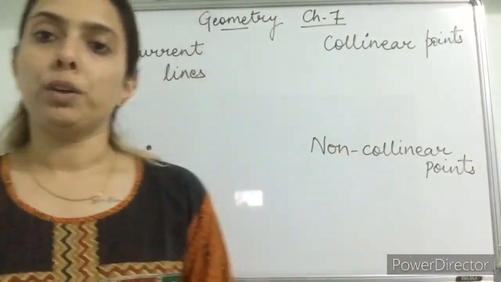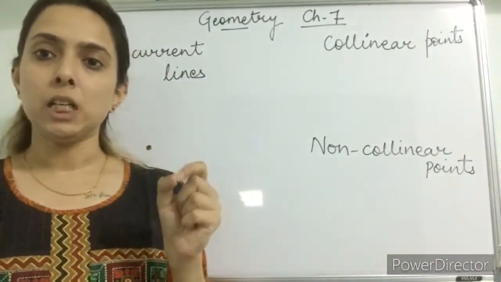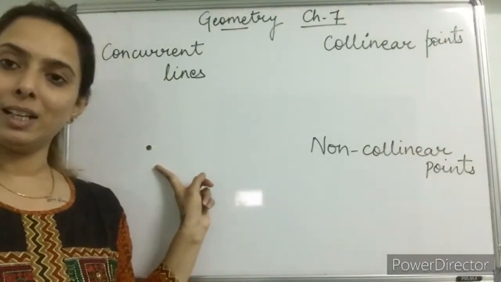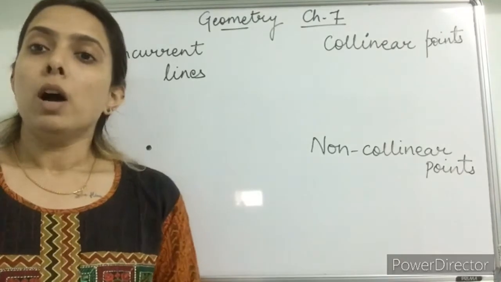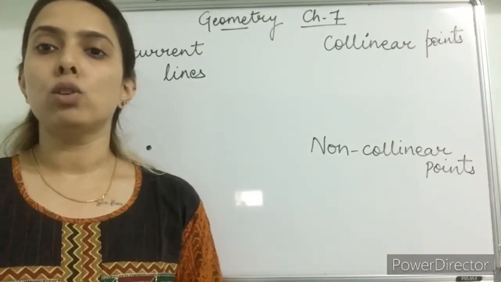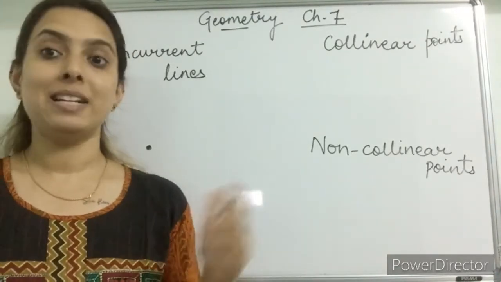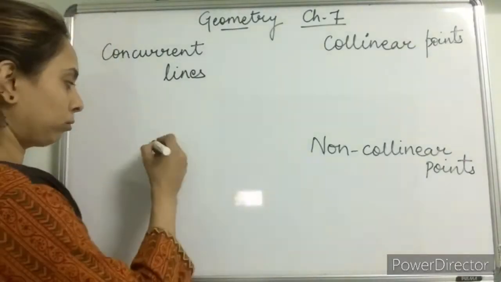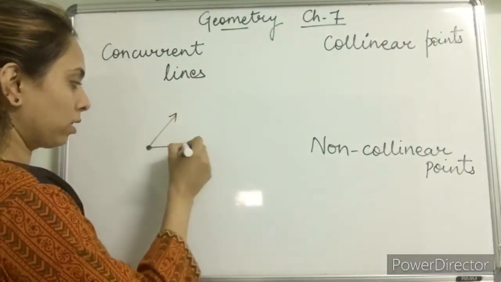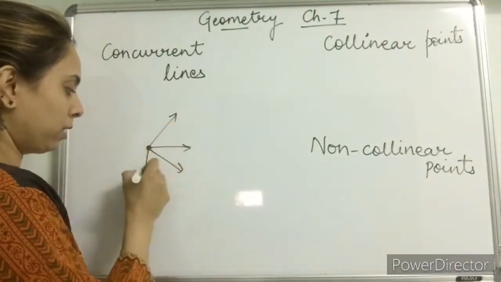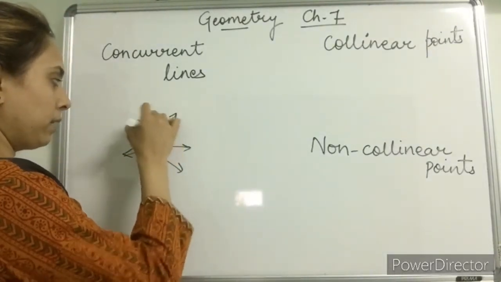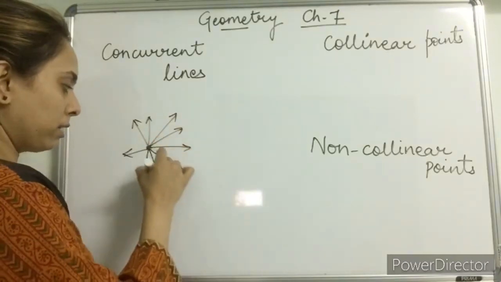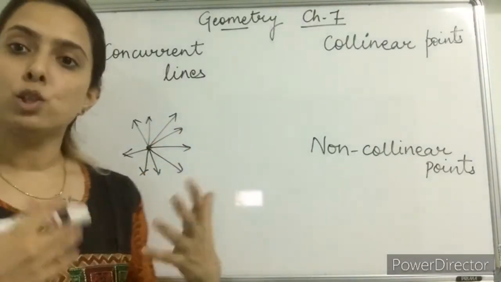So what are concurrent lines? When a dot, a point is given to us, how many lines can be drawn through this point? Let's check it out. 1, 2, 3, 4, 5, 6, 7, 8, 9, 10, 11, 12.